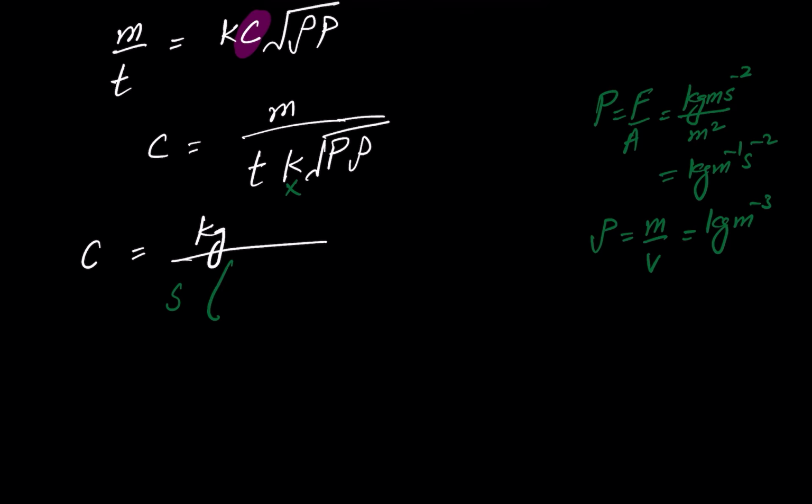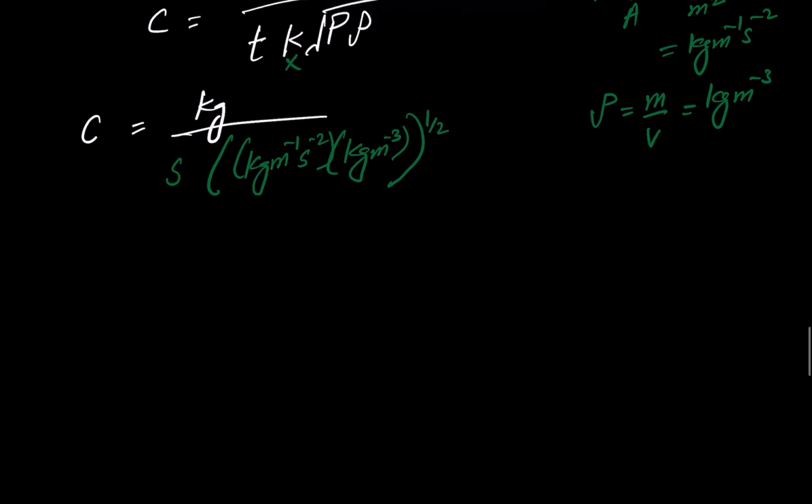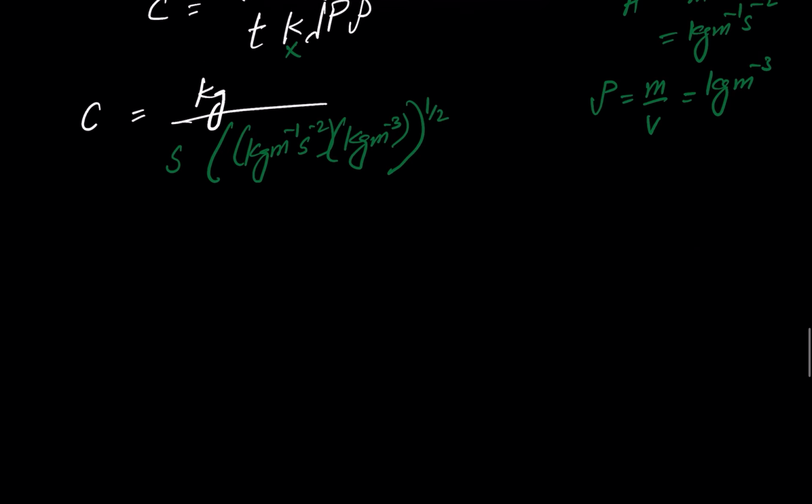So pressure is kg m minus 1 s minus 2 and rho is kg m minus 3 and whole power 1 by 2. Okay, so let's simplify this thing. It will be kg s, and when you open the brackets, okay, let's not open the bracket right now.